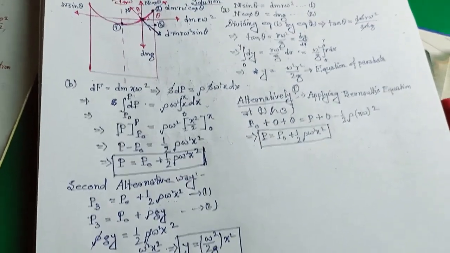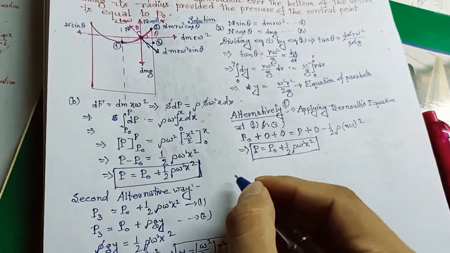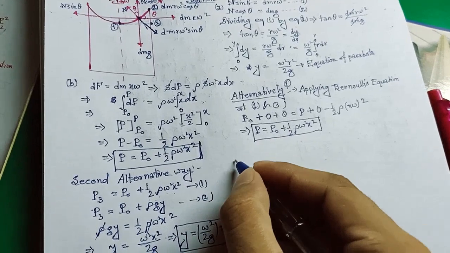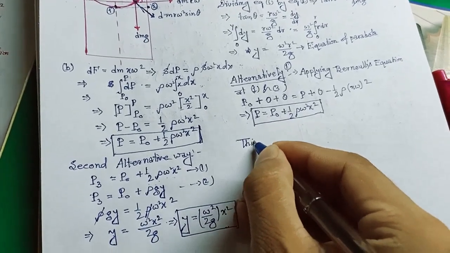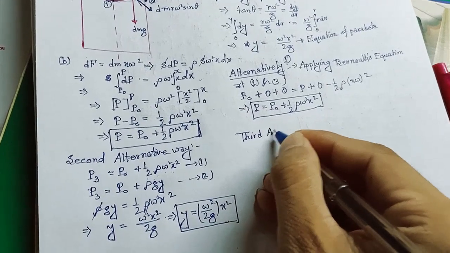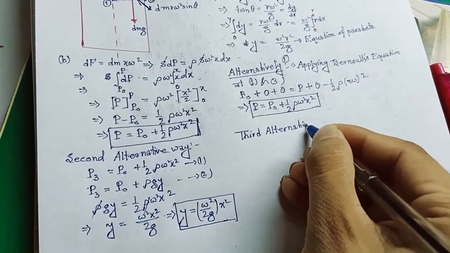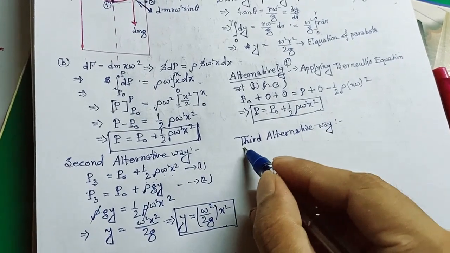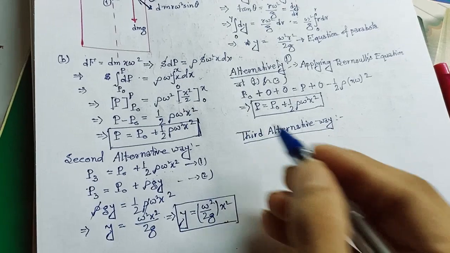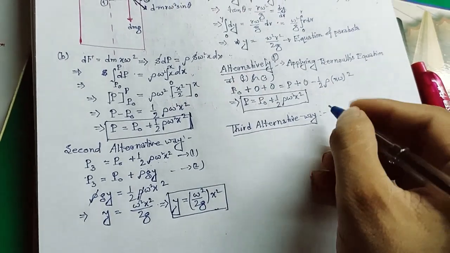Again, we can solve this question in another different way also. So third alternative way is discussed here. For solving this question in the third alternative way, we will consider a rotating frame.